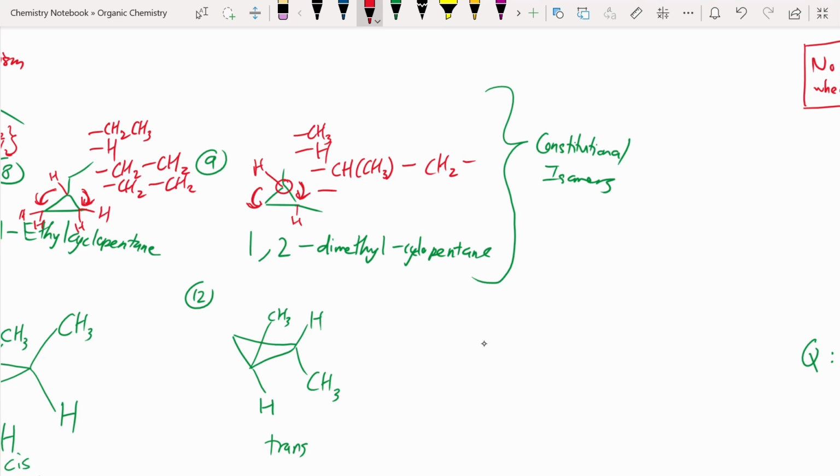In the anti-clockwise direction, it will be CH2 and then CH3. So you can see it's two different groups being bonded together, and that's why this is a chiral carbon. This one is also another chiral carbon.